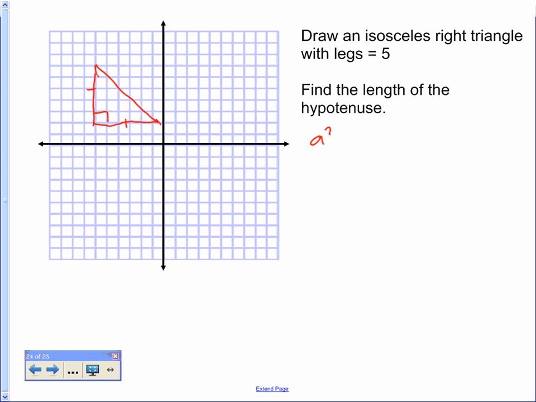Well, the Pythagorean theorem says a squared plus b squared equals c squared, where a and b are the legs of a right triangle and c is the hypotenuse. So I'm going to have 5 squared plus 5 squared equals c squared. This is 25 plus 25, which is 50. That's what c squared is. I want to know just c, so I'm going to square root both sides.